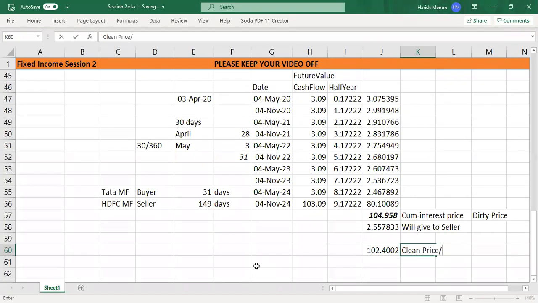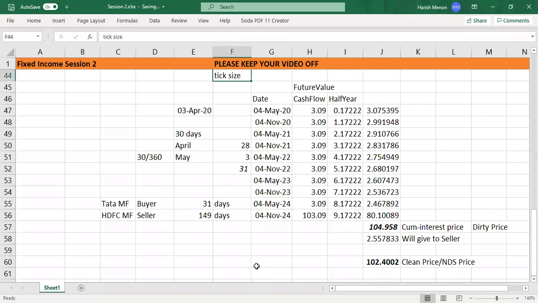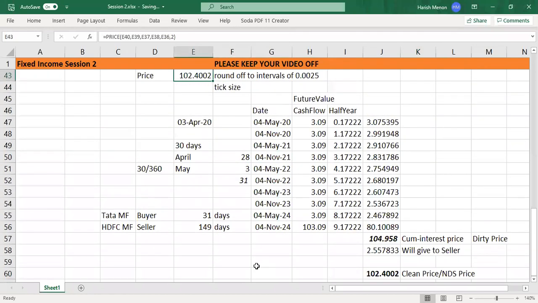This is the NDS price, by the way. And I hope you can reflect on this. It is exactly equal to what the Excel price was, 102.4002. This Excel function is doing all this calculation that I showed in split seconds. That is why Excel is obviously so important.